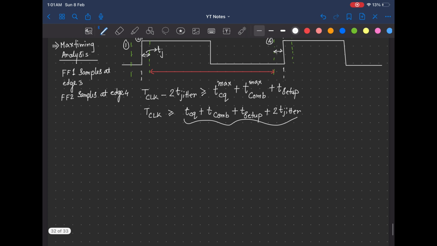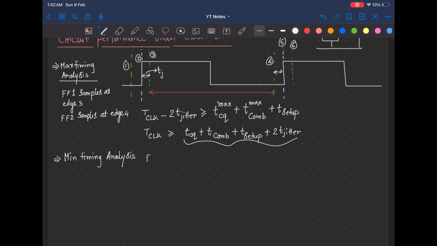Now coming to min timing analysis, flip-flop 1 should sample at edge 1 and flip-flop 2 should sample at edge 1.